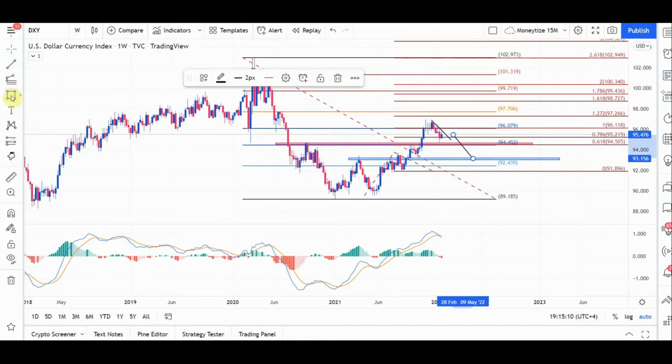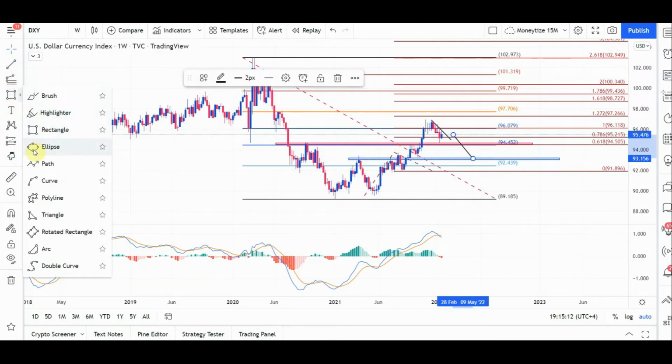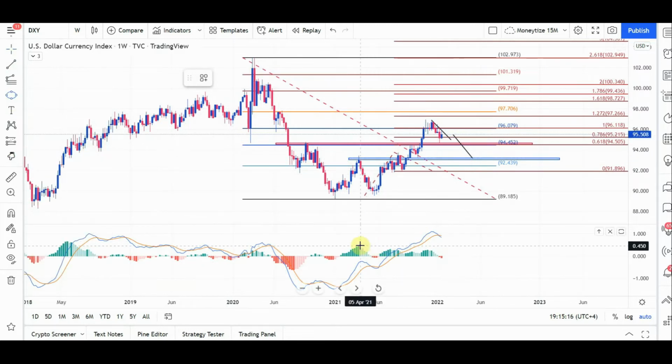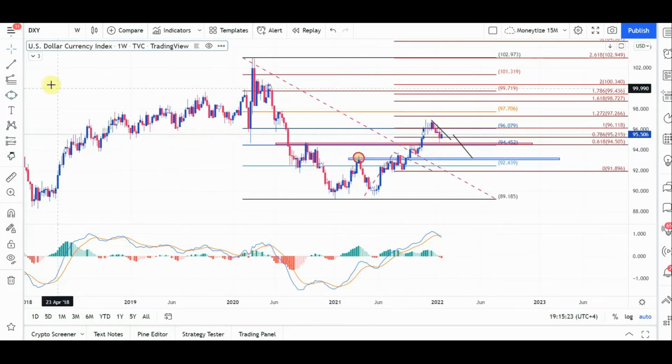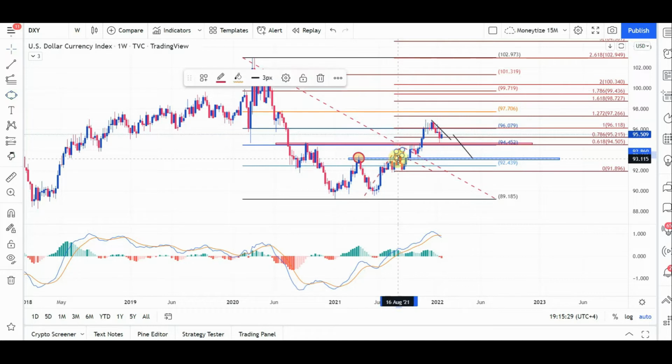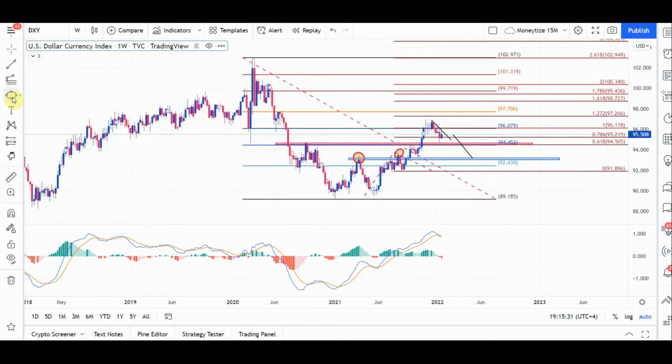Reason being, see the higher high formation on the charts, a high followed by a second high and a third high.